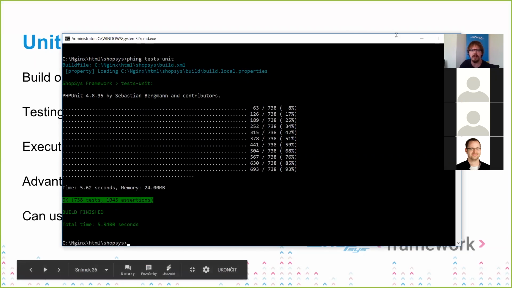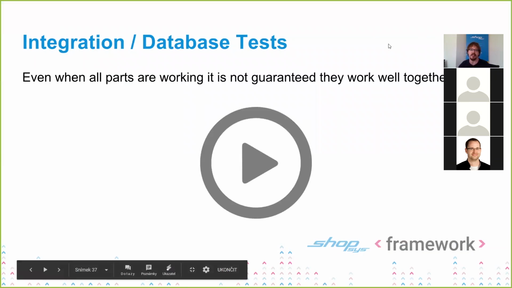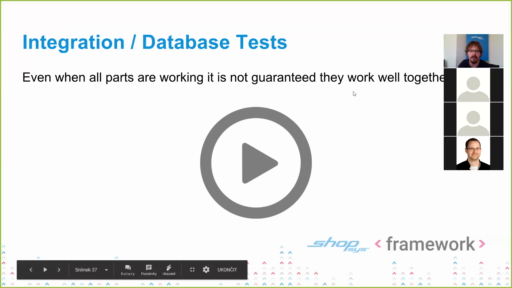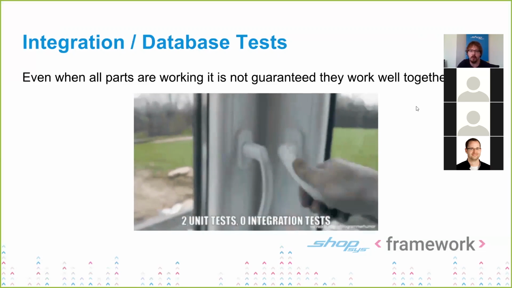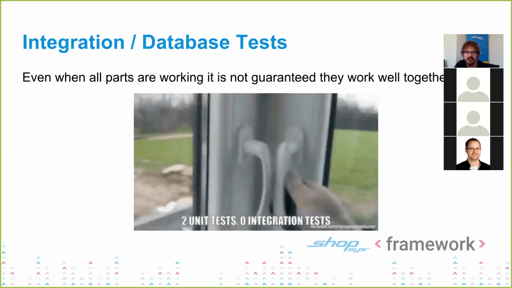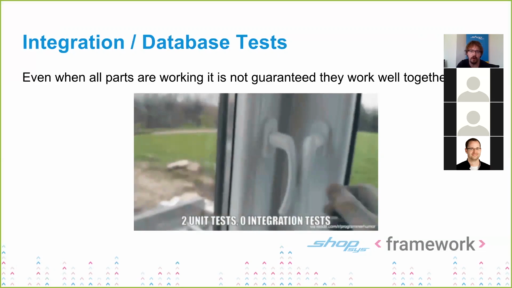Well, let's go to the second level, the integration database tests. Because even when you know that all the parts are working separately, it is not really guaranteed they can really work well together. And we can see examples from the real world. When you have two windows that each can work very well, but if you install them in this configuration, they just don't work.